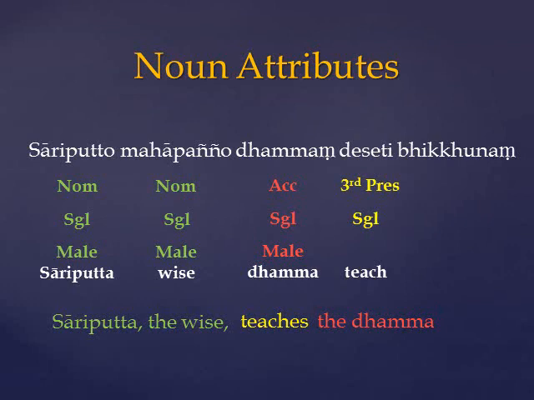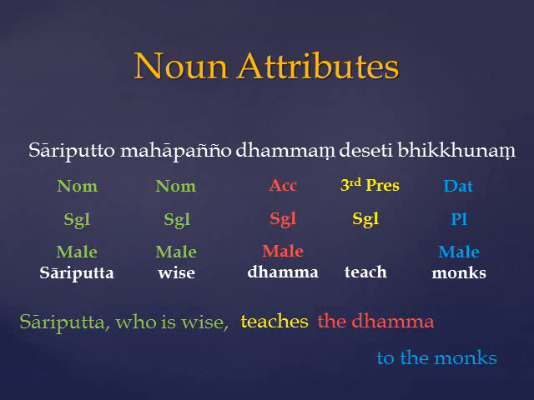And we could even say Sariputta, who is very wise, teaches the Dharma, taking mahapanyo as a linking attribute. Now, the last term in our sentence, bhikkhunam, is in dative case, and here it's acting as an indirect object, that is, the person or thing who receives the direct object, which in this case is the teaching of the Dharma. So finally we can translate this whole sentence as Sariputta the wise teaches the Dharma to the monks.